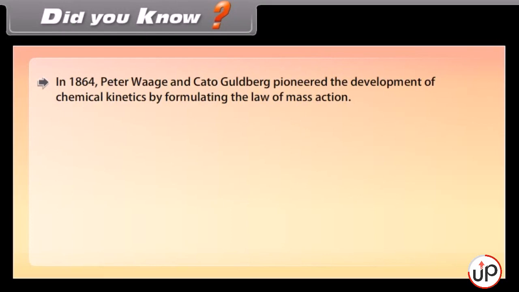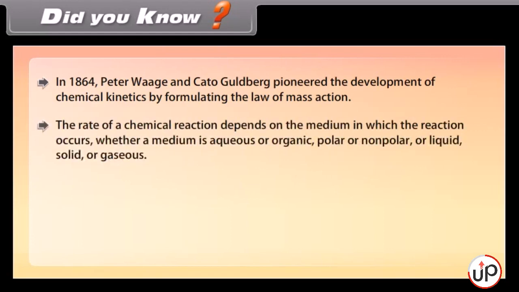Did you know? In 1864, Peter Waage and Cato Guldberg pioneered the development of chemical kinetics by formulating the law of mass action. The rate of a chemical reaction depends on the medium in which the reaction occurs, whether the medium is aqueous or organic, polar or non-polar, or liquid, solid, or gaseous.